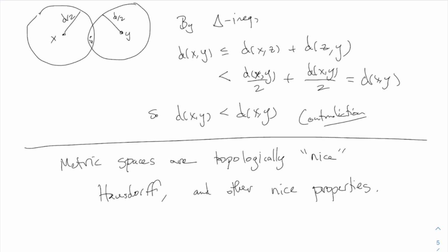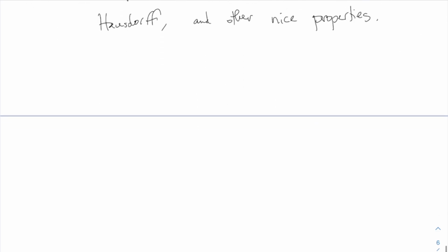We've got about 7 minutes left, and this is enough time to talk about the other way round. What we've been talking about lately was topological spaces versus metric spaces. So far we've shown that any metric can be used to define a topology.